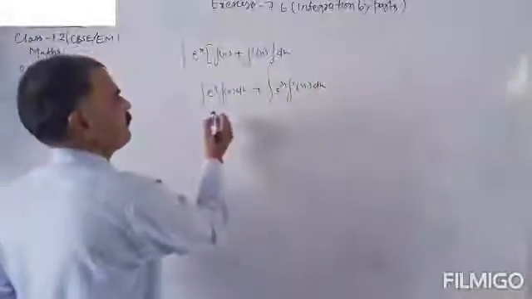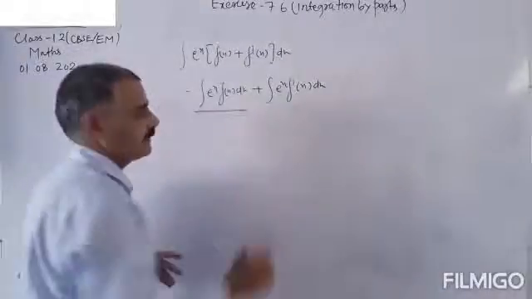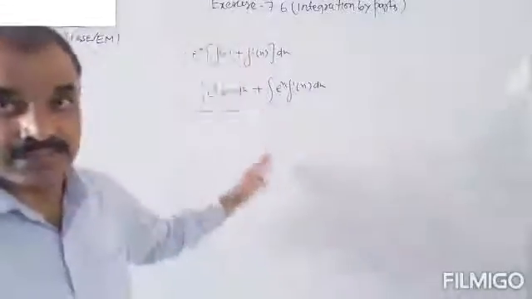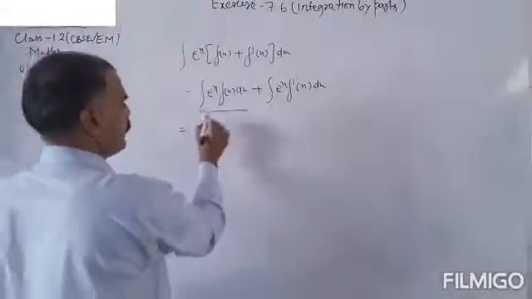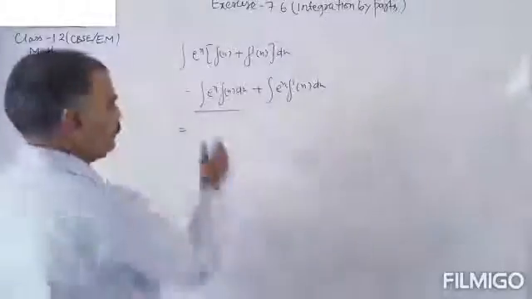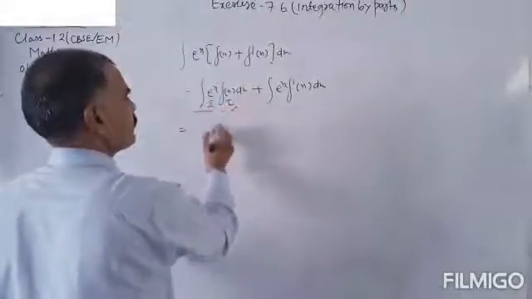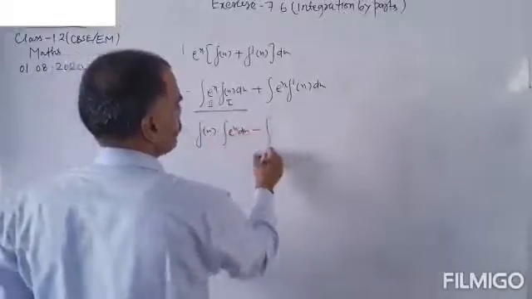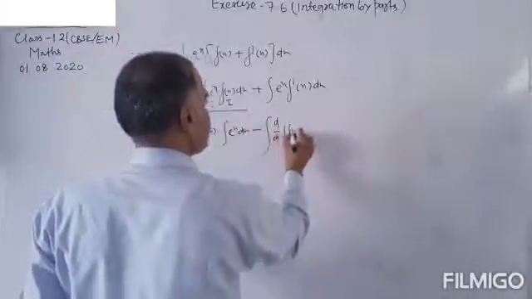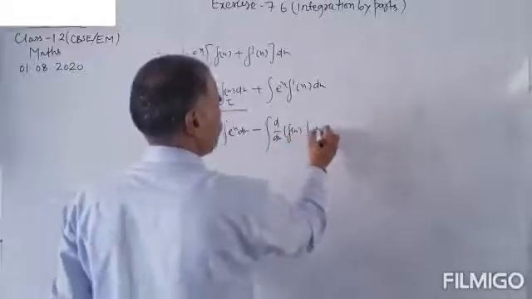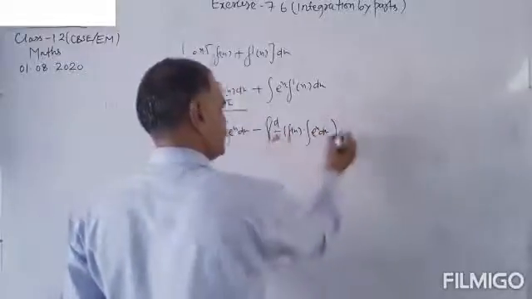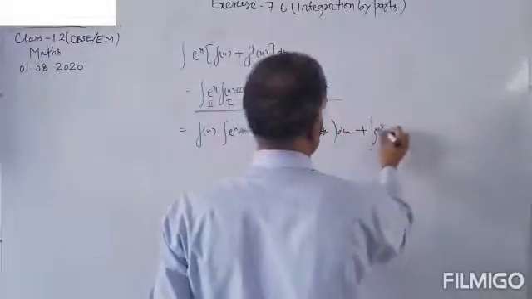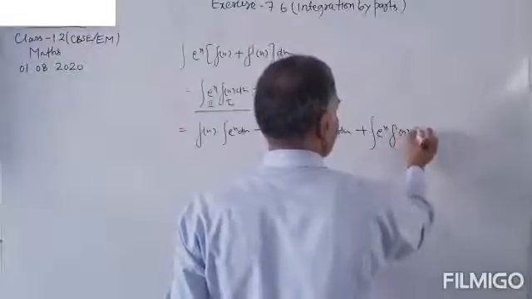Now we will integrate the first integration, and after integration, as per the by parts rule, this is the second function, this is the first function. So first function, integration of the second function, minus differentiation of the first function, integration of the second function, and integration of the product of these two functions, plus the second integration, that is e to the power x function dash x dx.